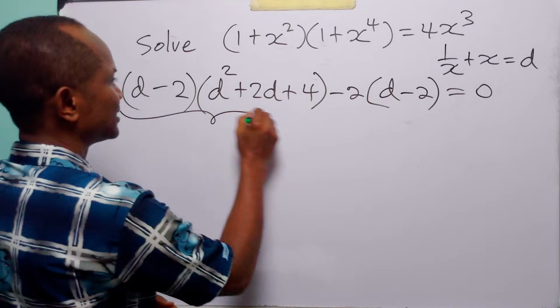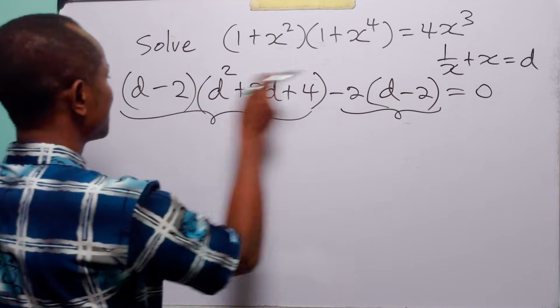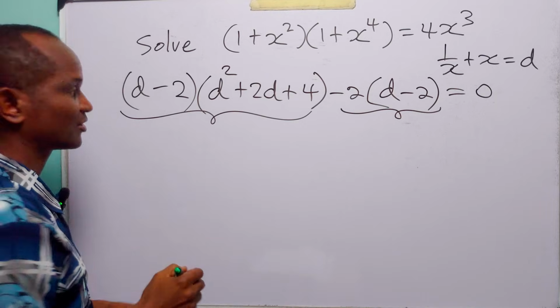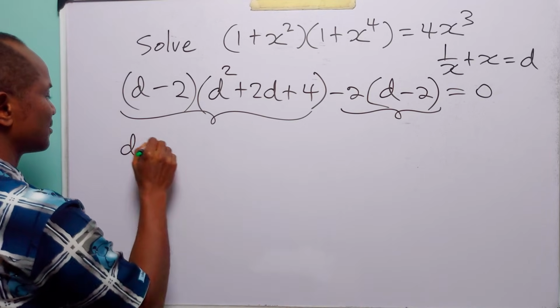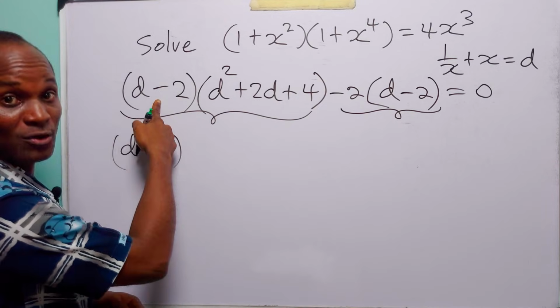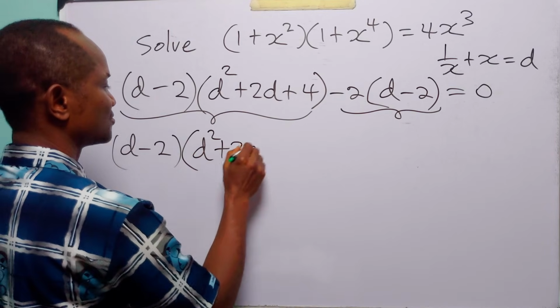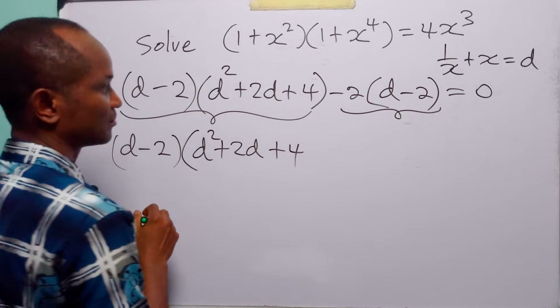Now, when you look at these two terms, you're going to see a common factor, which is d minus 2. So we can factorize that. We have d minus 2. Now this divided by d minus 2 is going to leave us with d squared plus 2d plus 4.